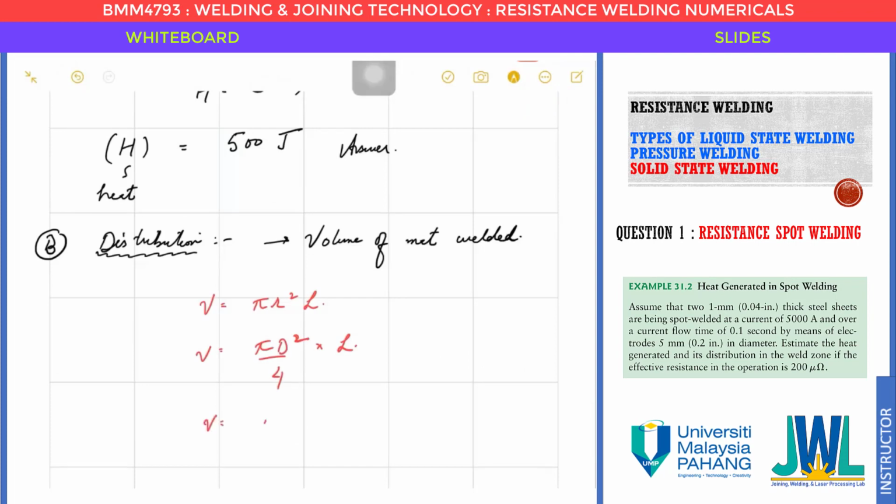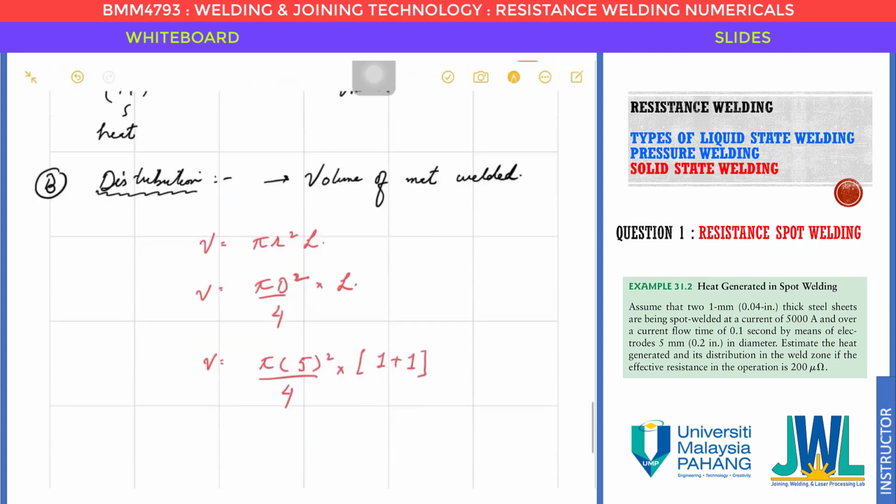So volume is equal to pi 5 square divided by 4 multiplied by length. Length is 1 plus 1. You guys can calculate what is the answer. Easy calculation.